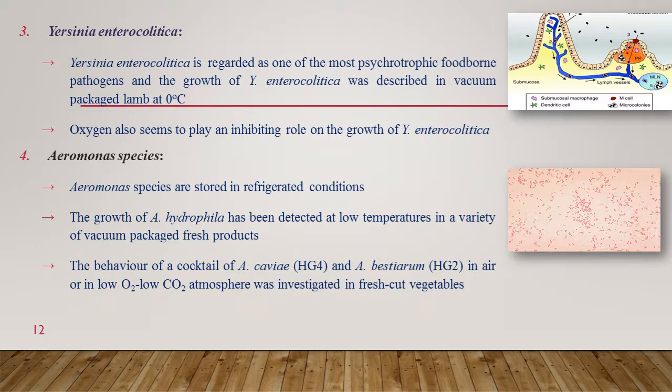It's a genus of gram-negative facultative anaerobic rod-shaped bacteria that morphologically resemble members of the family Enterobacteriaceae, and most of the species are A. hydrophila, A. caviae, and A. veronii biovar sobria.